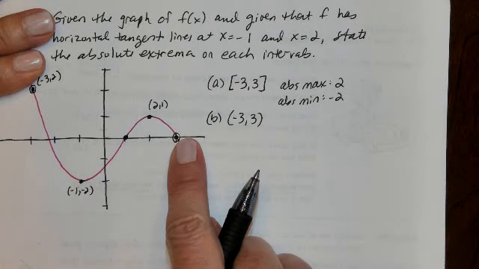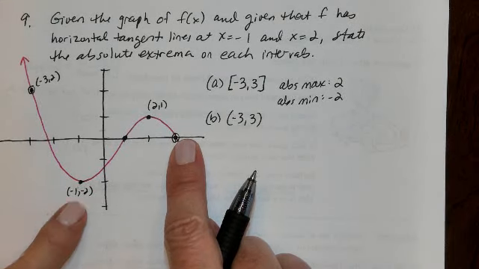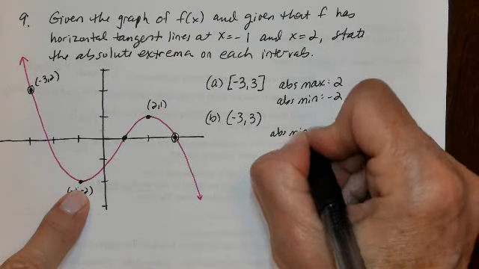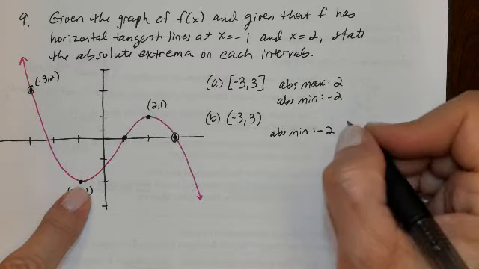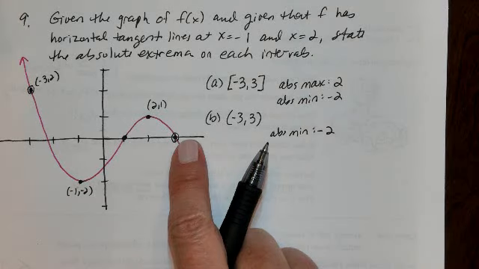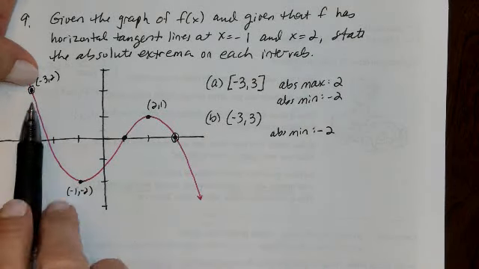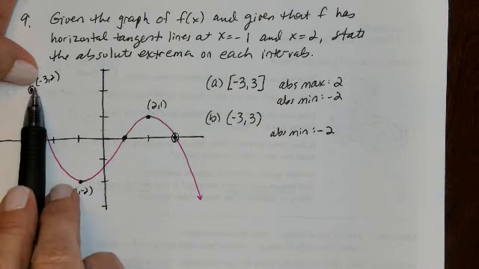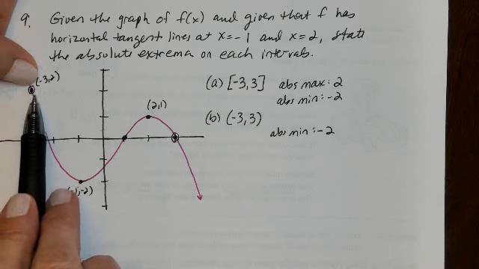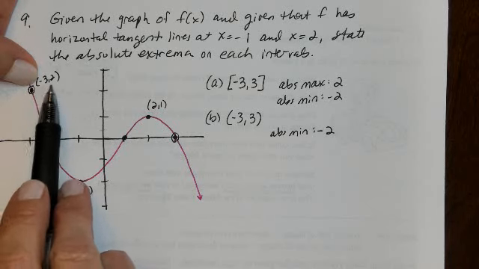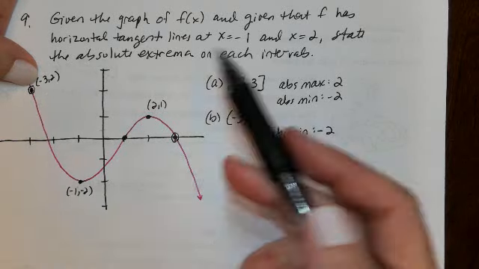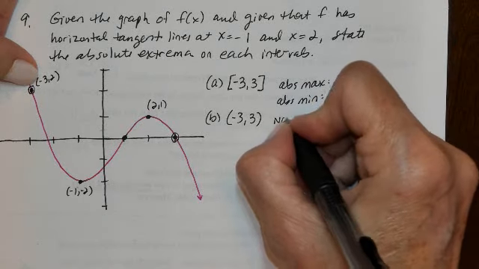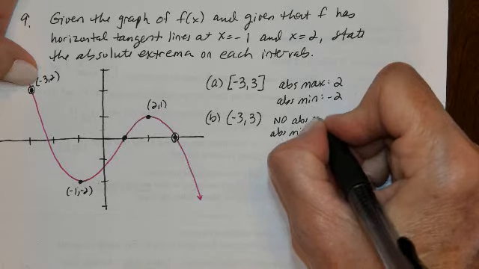The absolute min is definitely still -2. The absolute max, though, it's trying to get up here to 2, but it can't get there, right? I cannot say that the absolute max is 2 because it will never ever get to 2. So in this case, there is no absolute max.